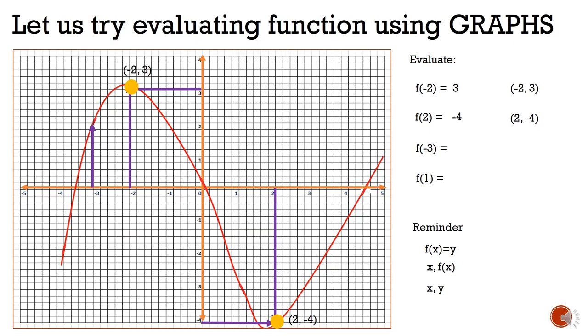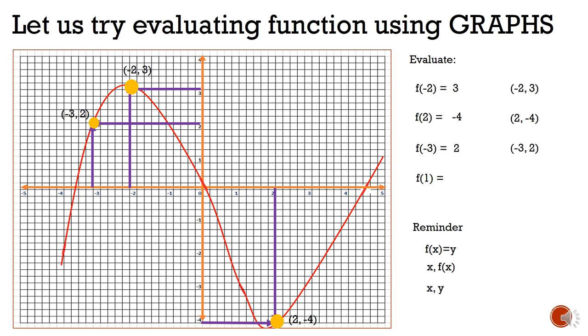And where it will stop at 2 in the y-axis. So therefore, the function of negative 3 is 2. And the coordinates are x is negative 3 and your f of x is positive 2.